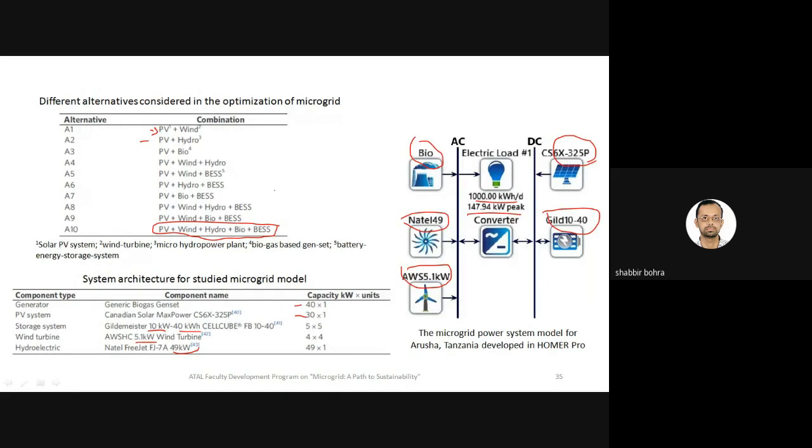Fine. So this particular analysis was carried out for a place in Tanzania. It is a sub-Saharan country, and the place is known as Arusha.